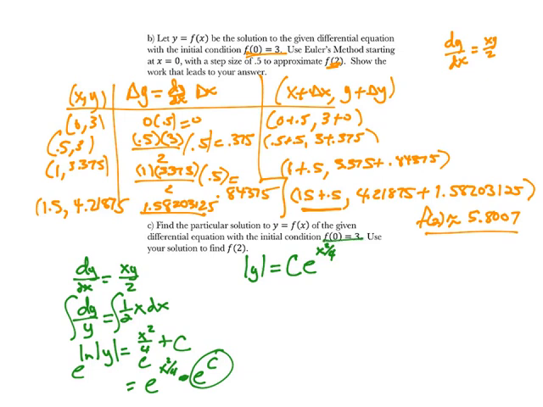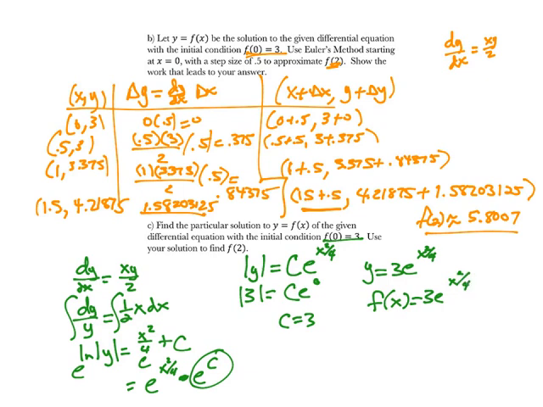So now I plug in my initial condition. 3, the absolute value of 3 is 3, equals c e to the 0. So that means that c is 3, which means y is positive. So y would be 3e to the x squared over 4, or f of x is 3e to the x squared over 4.